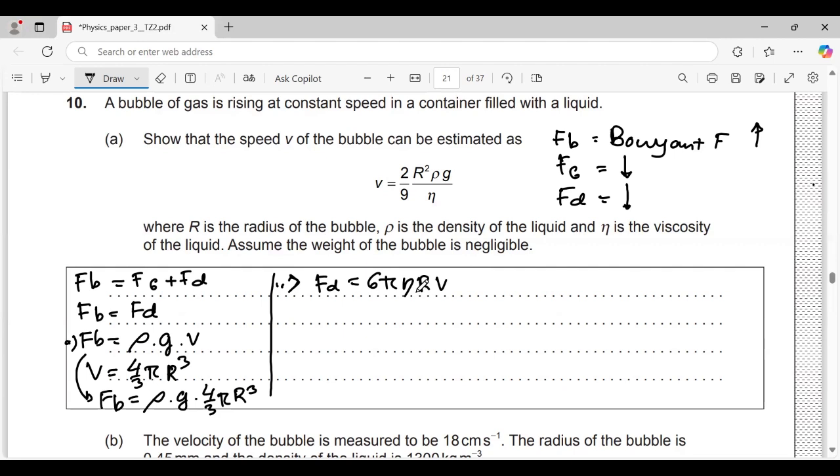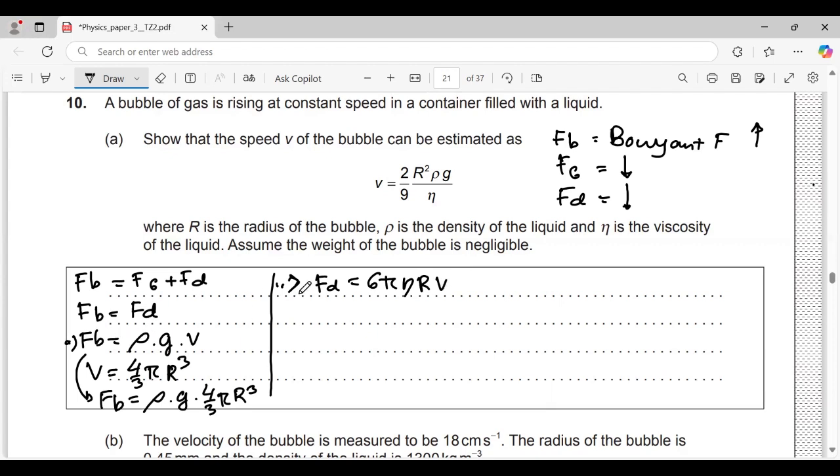Eta is the dynamic viscosity of the liquid, while v is the terminal velocity, not volume. This v is for terminal velocity. Okay, so different from the V for volume. This v is the terminal velocity.